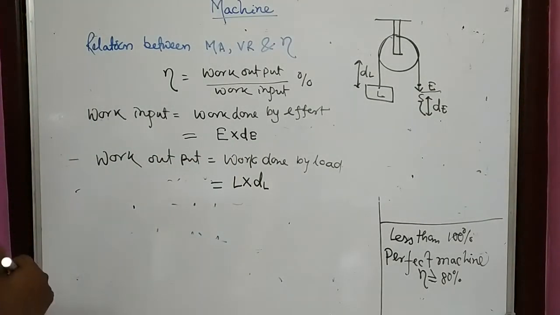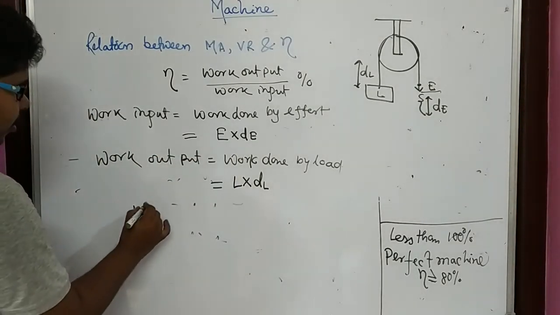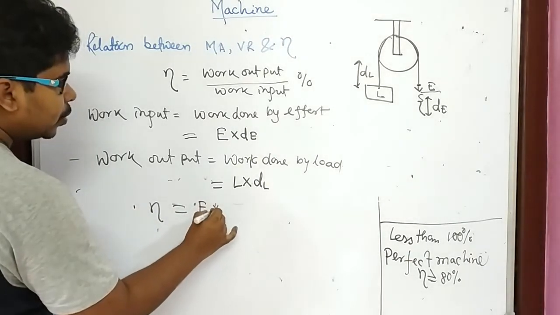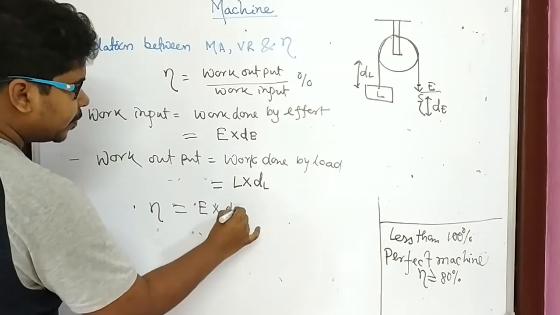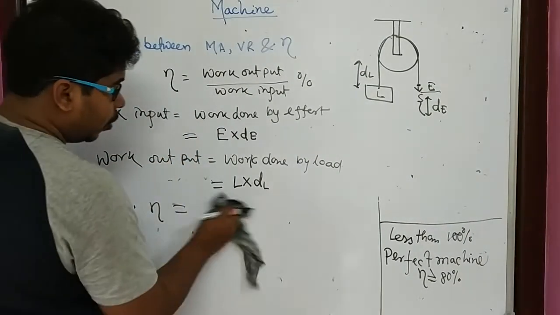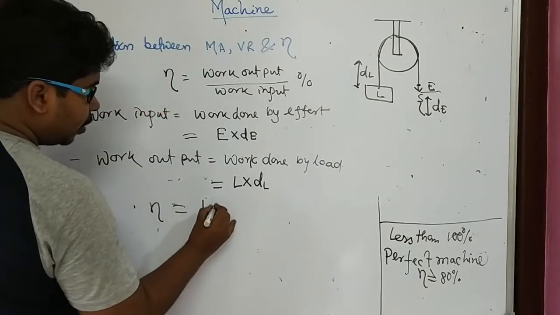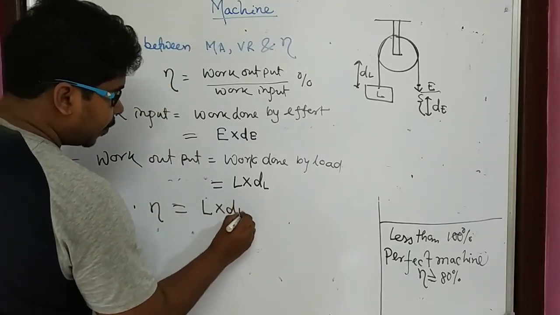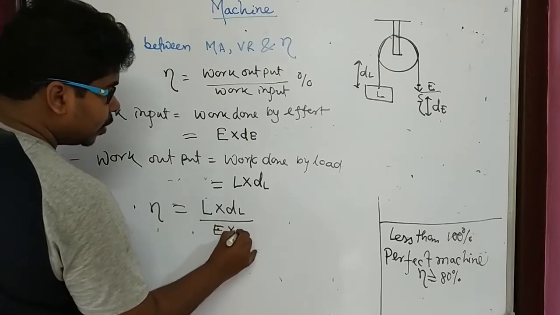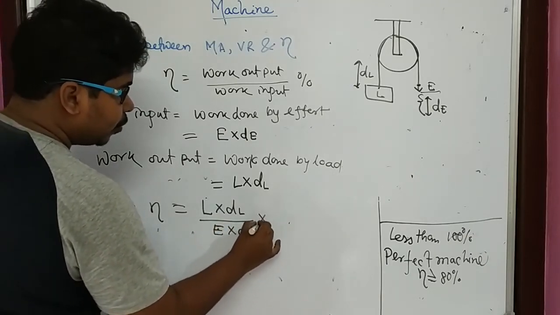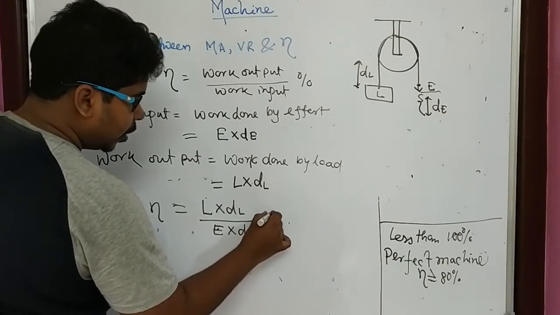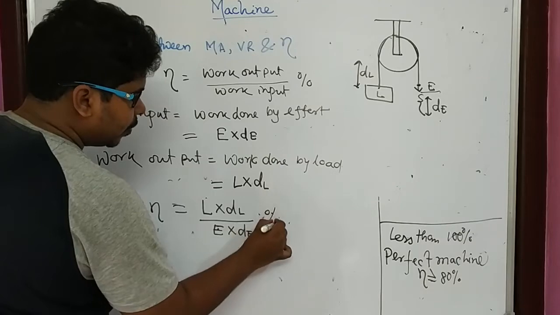Now put the values here: eta equals work output by work input, so L into dL by E into dE, and that should be expressed in the form of percentage, or into 100, or just give the percentage sign.